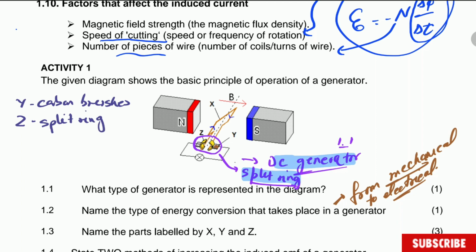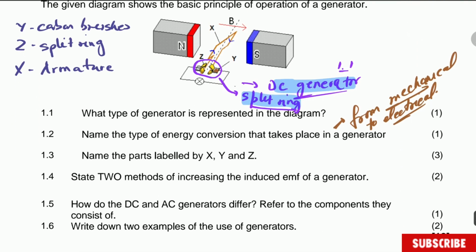You can also write commutator and it will be fine. And X, which is the last one we look at here, is, guys, the armature.